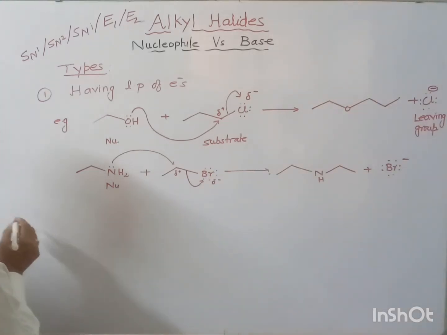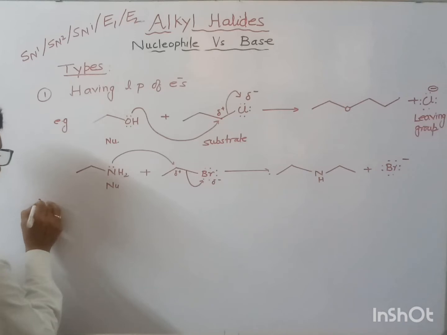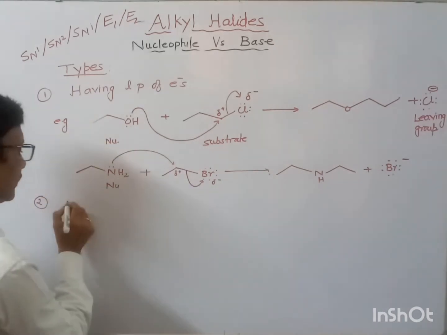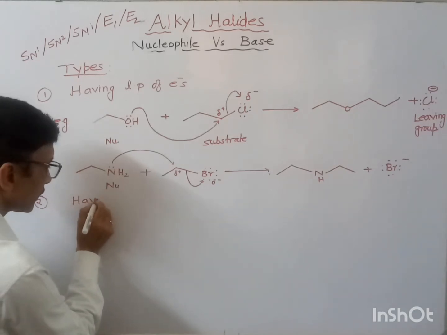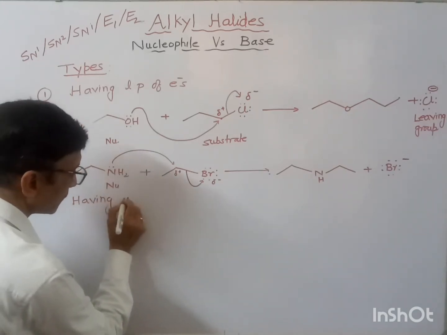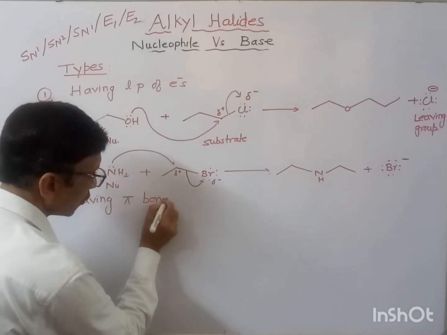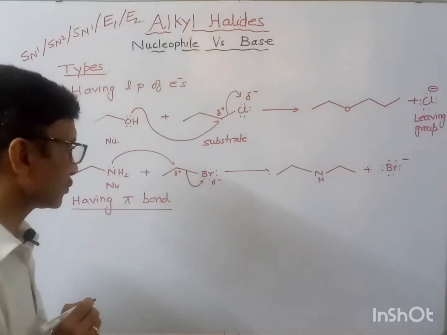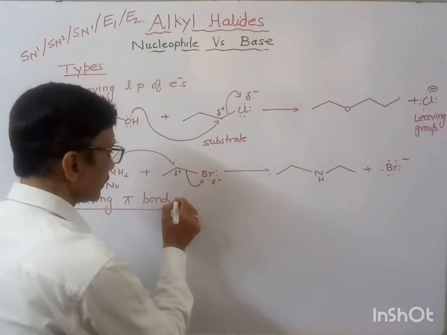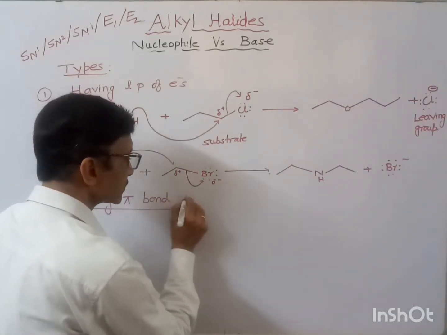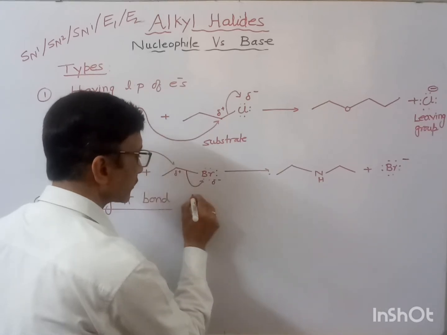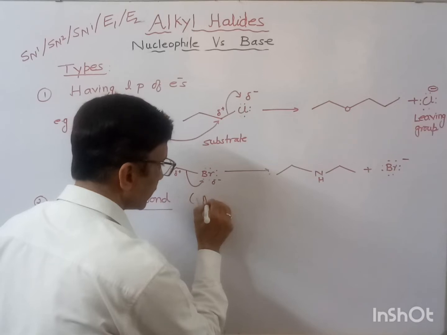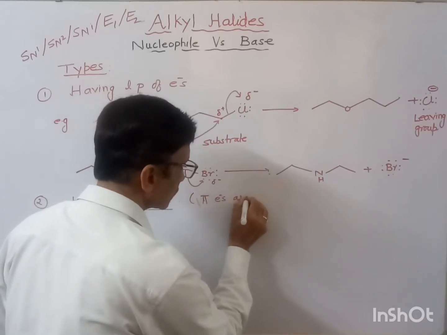In the same way, a second type that we can categorize is the nucleophile having a pi bond, or which can donate its pair of pi electrons. Here the nucleophile donates the pair of pi electrons.